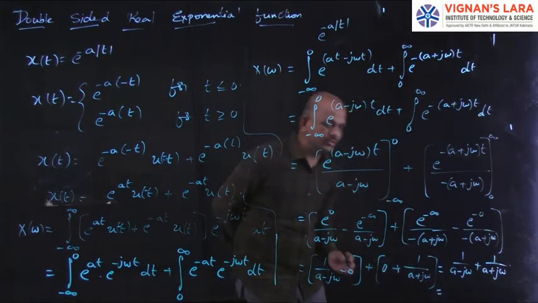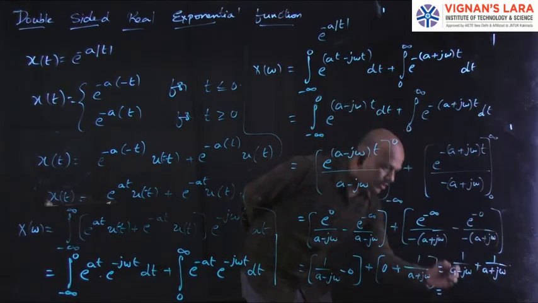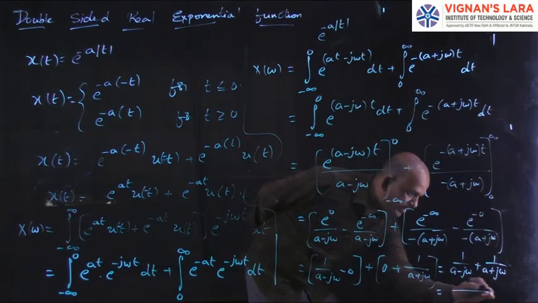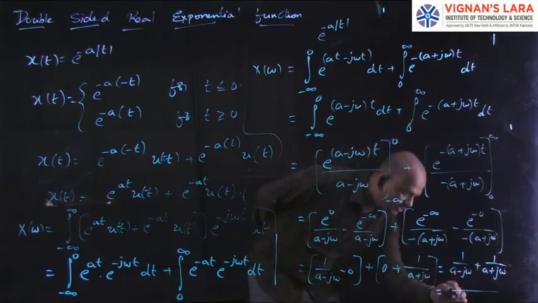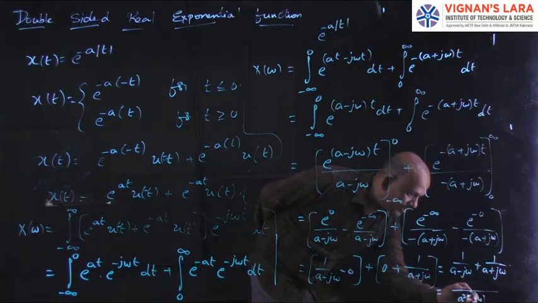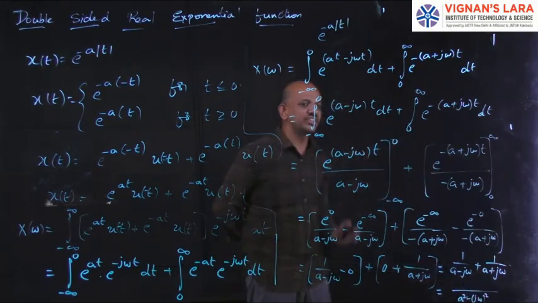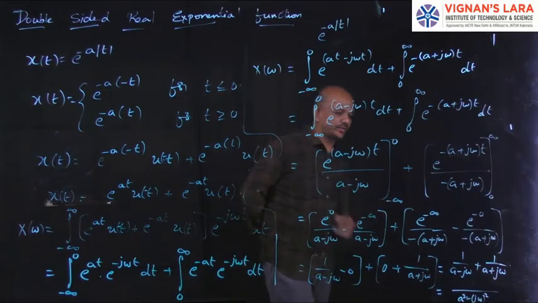This will be equal to, so go for LCM, that will be nothing but (a minus j omega)(a plus j omega), that is a square minus (j omega) whole square. (j omega) whole square is j square into omega square.